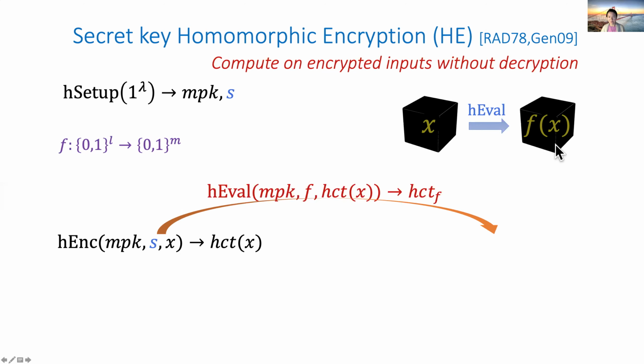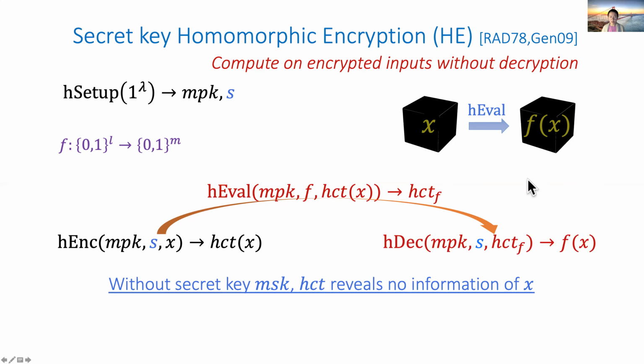Formally, this homomorphic evaluation is performed by what we call the H-eval procedure, which takes the master public key and the function and transforms an input ciphertext encrypting X into an output ciphertext encrypting the output. Again, with the master secret key, one will be able to decrypt this ciphertext and reveal what's encrypted inside. The security guarantee is that without the master secret key, the ciphertext reveals no information about the underlying encrypted message.